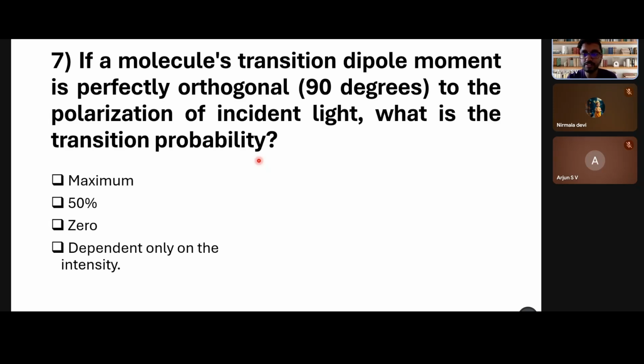So the answer for this is 0, which is option C. If you have an orthogonal polarization filter and an incident light, there is not going to be any resultant light coming out of that polarizer. So it just means that the probability that it goes to the excited state in this case will be 0. If this question is clear, I can go to the next question.